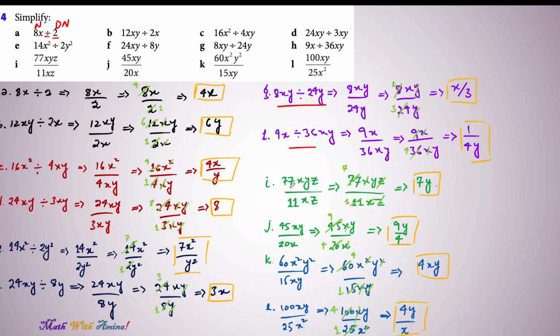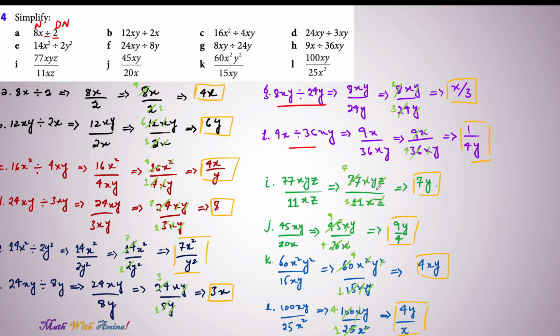Next we have 77xyz over 11xz. So 77 is already in the p by q form, so we will look into the numbers for simplification. 77 divided by 11 is equal to 7. Then looking into the variables, x is in the numerator and x is once in the denominator, so they will get cancelled.